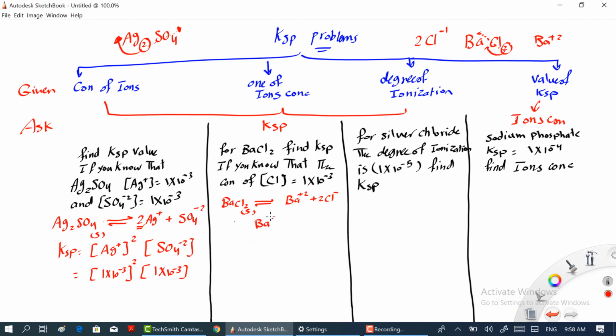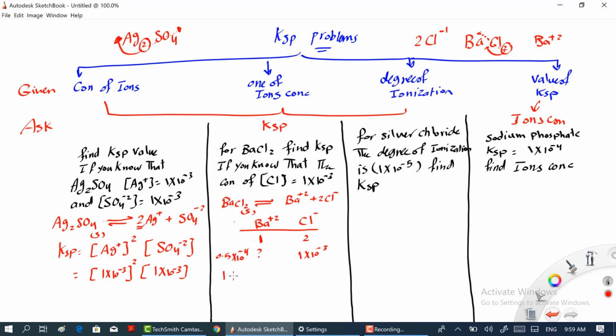Make the mole ratio between the chlorine and the barium according to the equation: 1 mole of ions giving 2 moles of ions. If we find the concentration of the chlorine is 1 times 10 power negative 3, what is the concentration of the barium? It will be, in this case, 0.5 times 10 power negative 4.